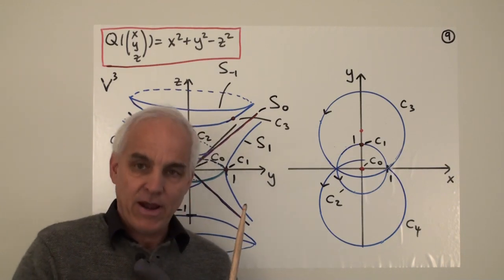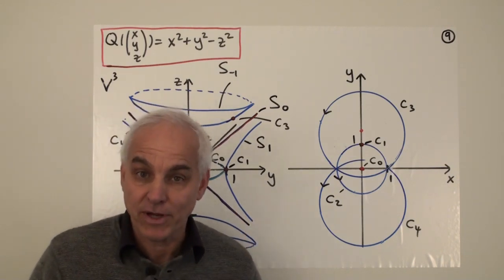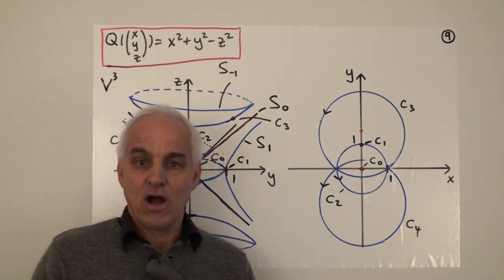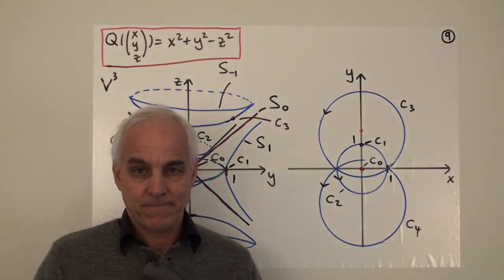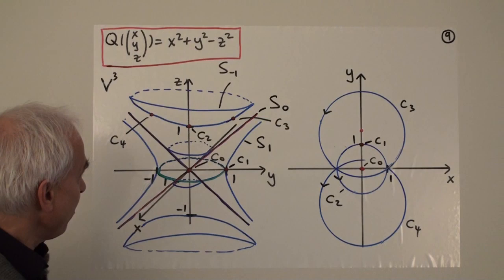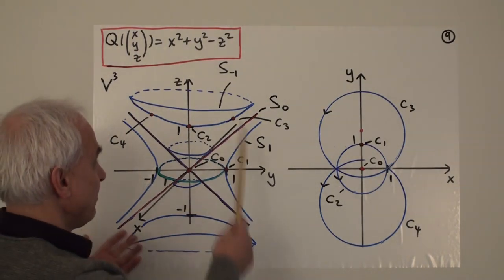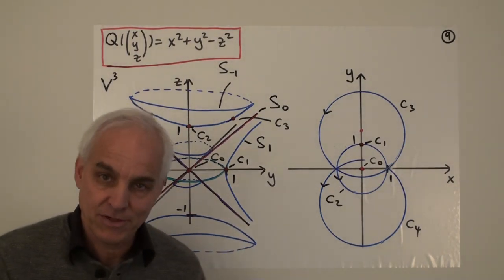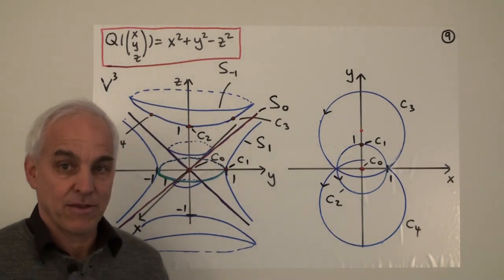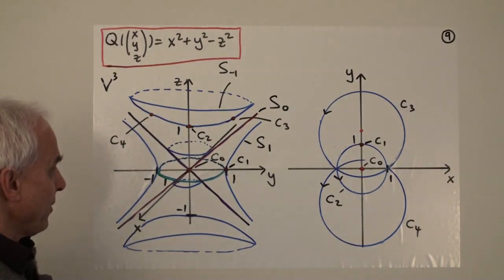So it allows us to get our hands on relativistic geometry in a way that's very concrete and down to earth. Let me illustrate what I'm talking about by going back to this very important diagram of spheres in our relativistic three-dimensional geometry, our red geometry in 3 dimensions.